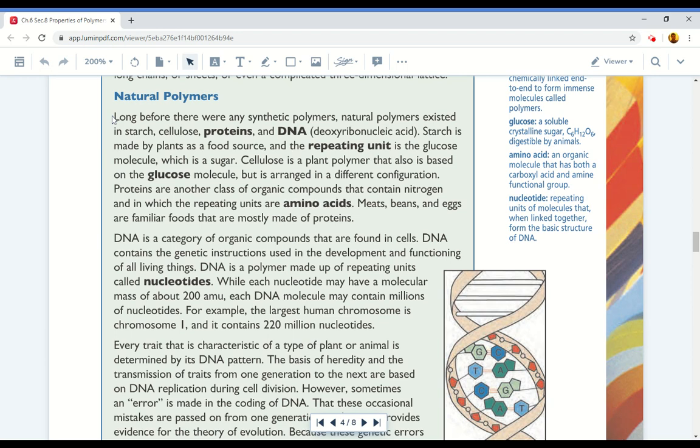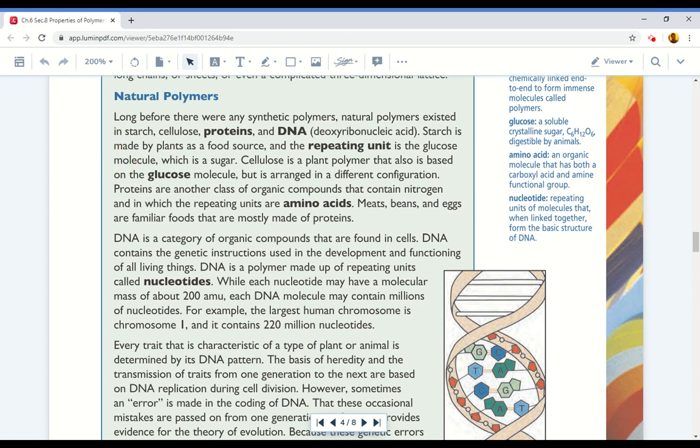Natural polymers. Long before there were any synthetic polymers, natural polymers existed in starch, cellulose, proteins, and DNA. Starch is made by plants as a food source, and the repeating unit is the glucose molecule, which is sugar.